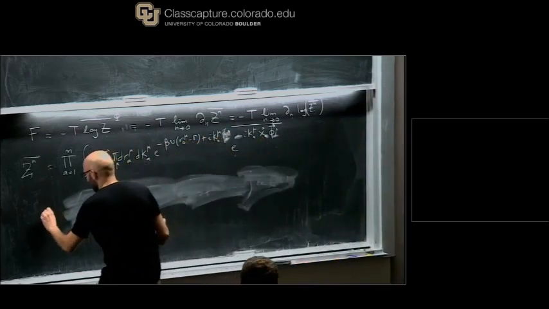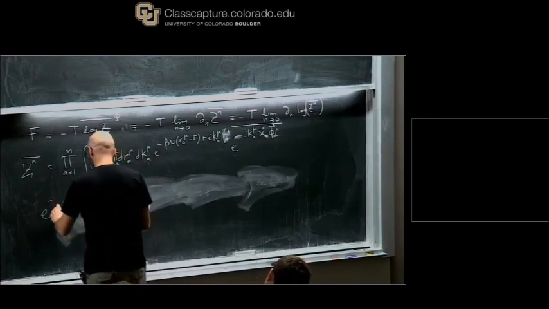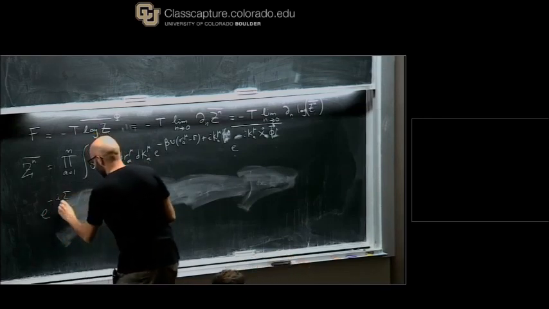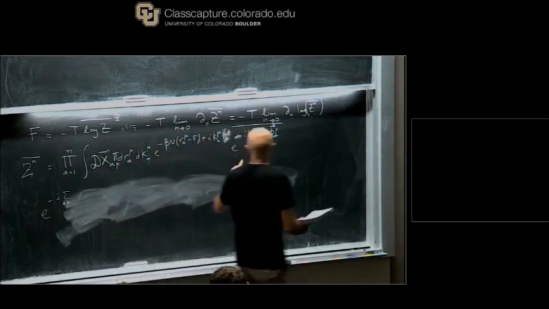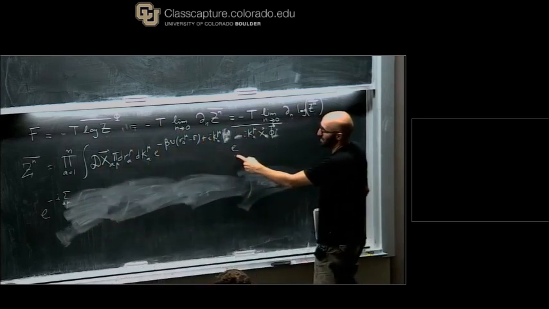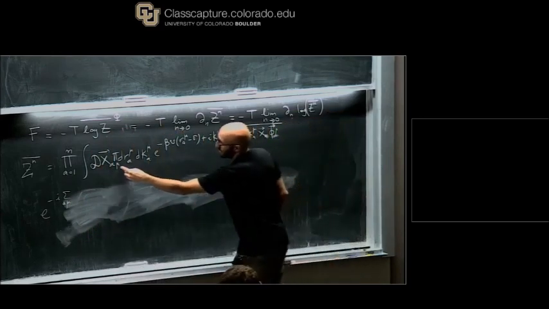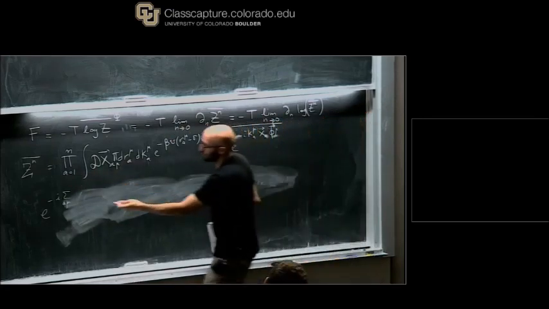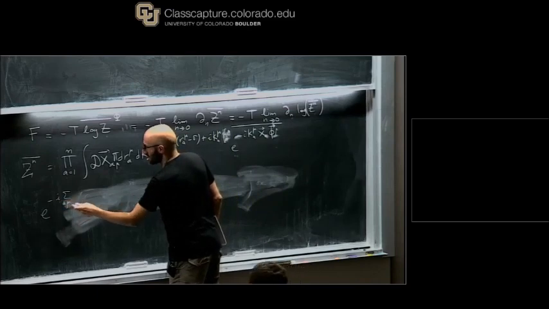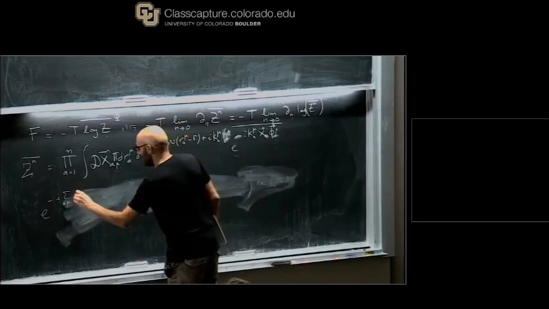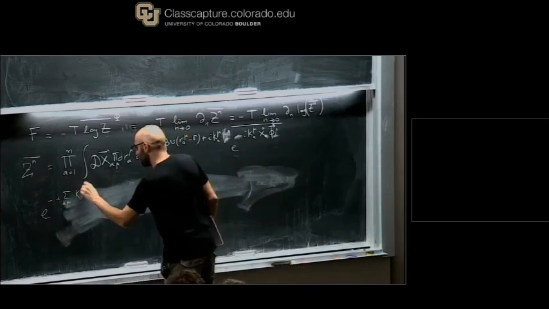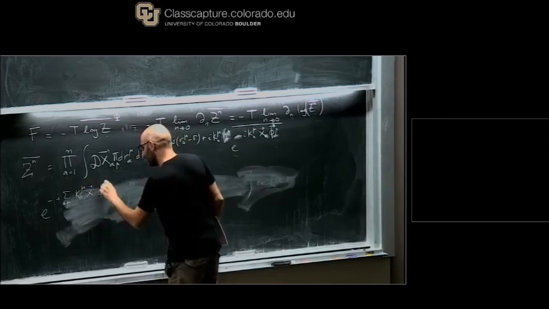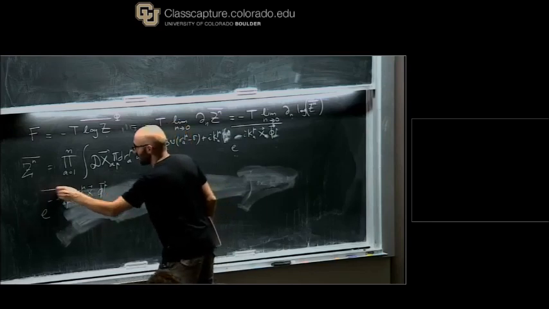I will write the result here. What you get is exponential of I times this. Here I have a product over mu and a product over a, so I'm going to bring it into the exponential. It's going to be exponential of minus I times the sum over a and mu of k_a mu x_a times phi_mu that I want to average.